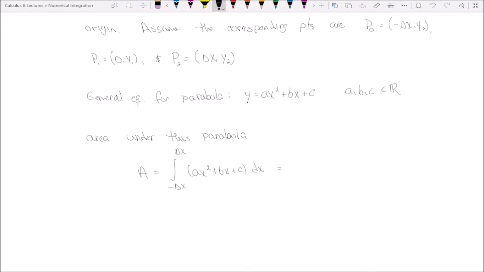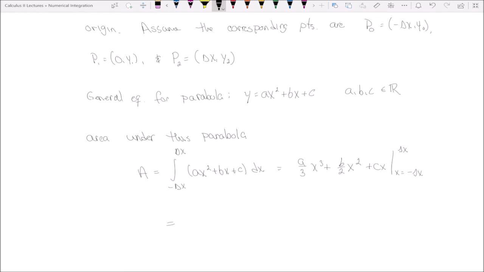And that is a over 3 x cubed plus b over 2 x squared plus cx, where x goes from negative delta x to positive delta x.